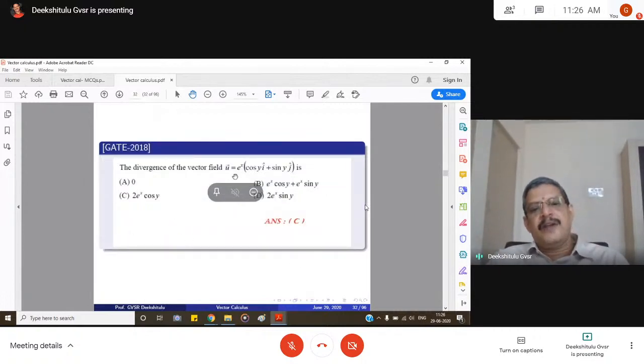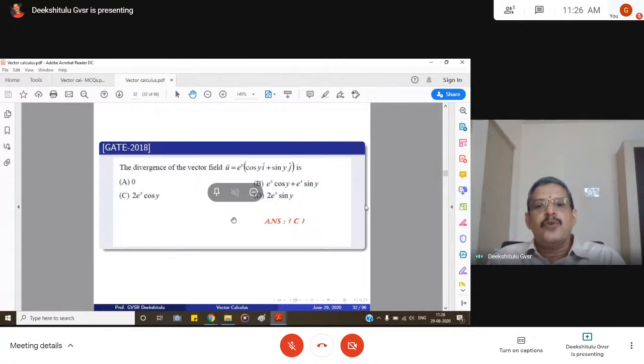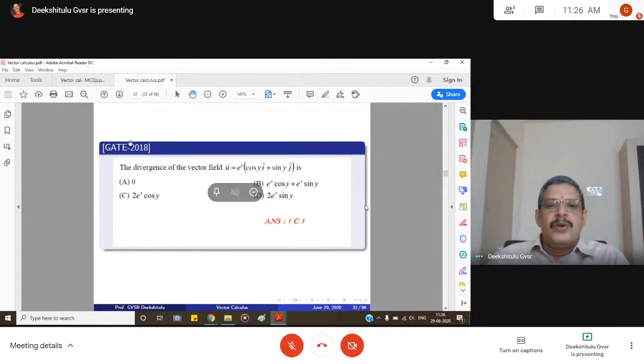Divergence of the vector field u bar is equal to e power x into cos y i plus sin y j. Divergence is del dot u, that means dou f1 by dou x plus dou f2 by dou y. This is what you have to do. Dou f1 by dou x is e power x cos y, dou f2 by dou y is e power x cos y.